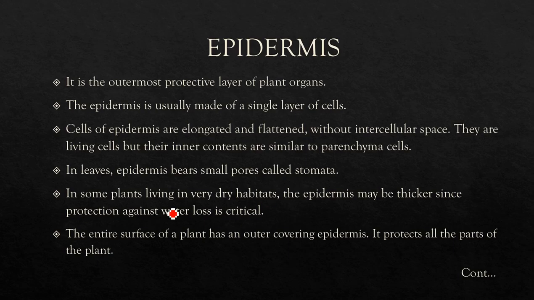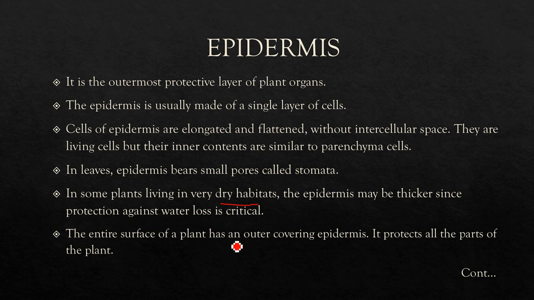Yes, in some plants, your epidermis layer gets modified according to the habitat. So when the habitat is dry, it has a waxy coating over the surface which protects against water loss, and it becomes quite thick. Here you can see in some plants living in very dry habitat, the epidermis may be thicker since protection against water loss is critical.